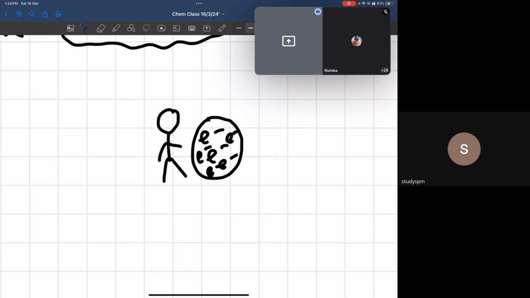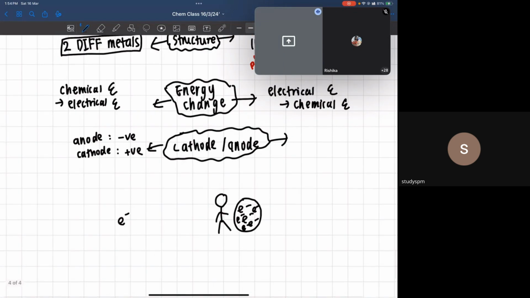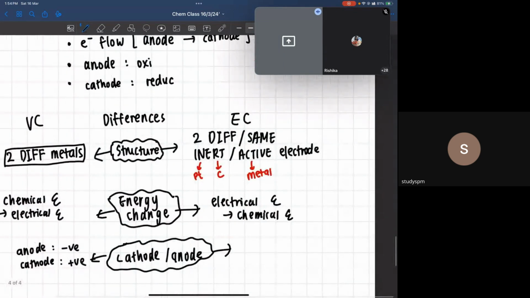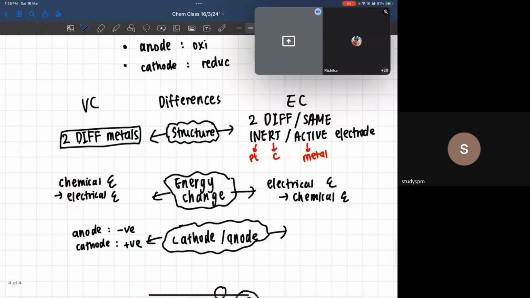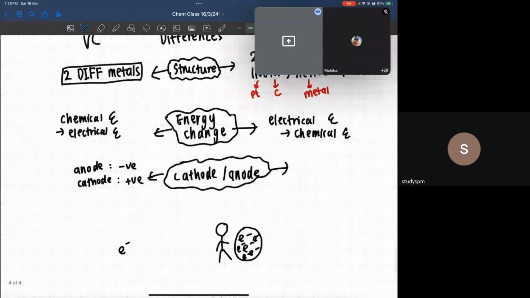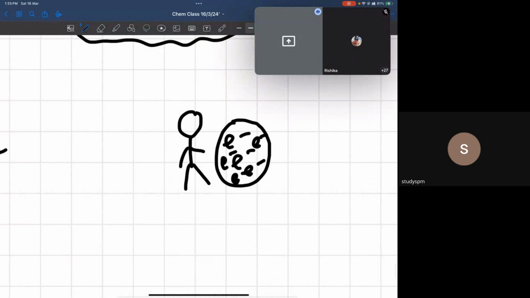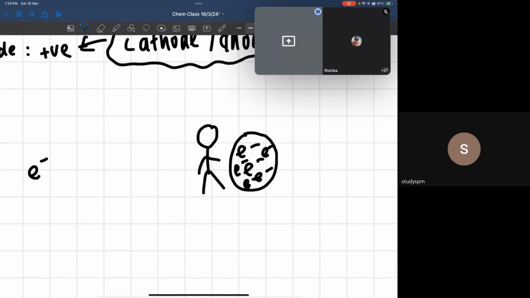I should release some so that I can carry it easily, so that I can bring this home. So he will donate electrons. But the electron's charge is negative. That's why the anode releases electrons and is the negative terminal. For voltaic cell only. For electrolytic cell it is reversed. But we try to learn voltaic cell first, okay? So this is the reason why oxidation releases electrons and is the negative terminal for voltaic cell.